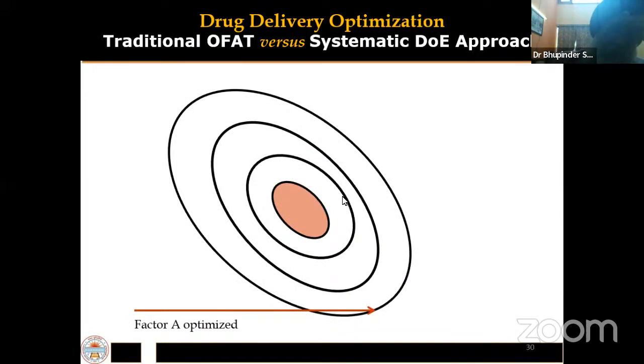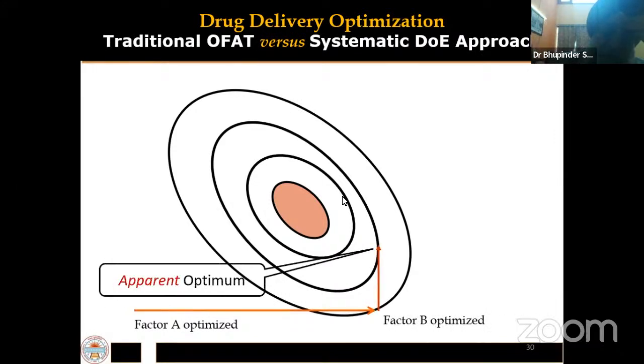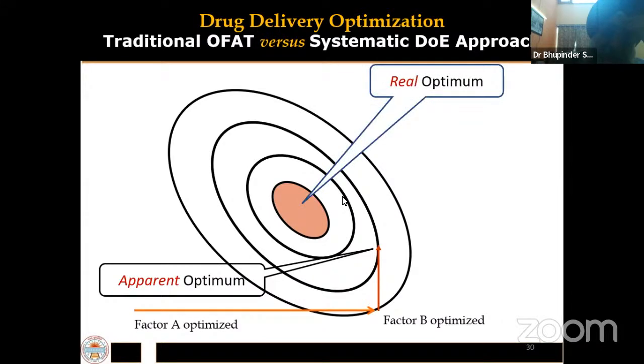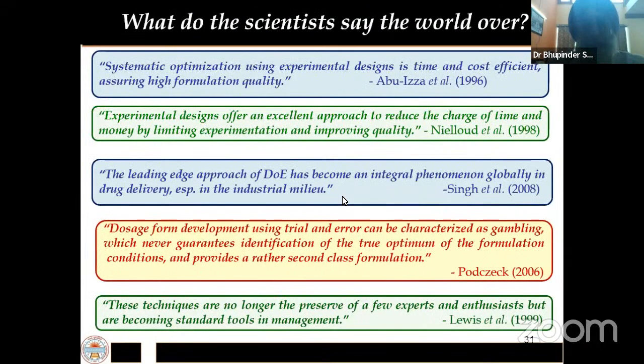Another way of explaining the same: this is the setting at which factor A is optimized, and at that setting factor B is optimized, and the resultant is the OFAT optimum, while the true DOE optimum is missed altogether.